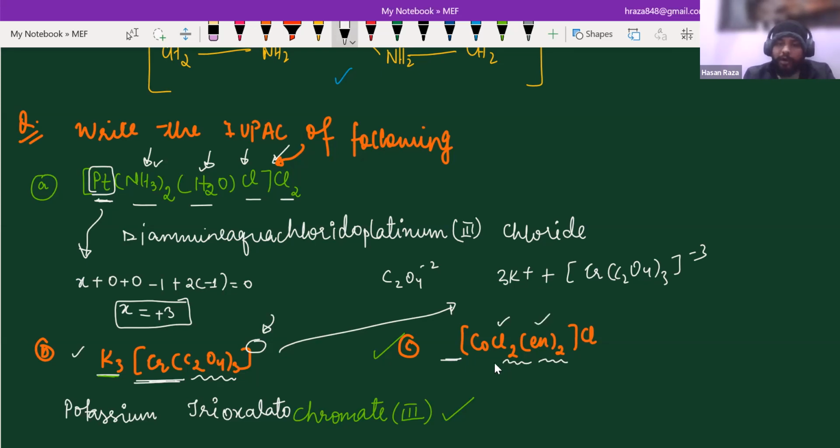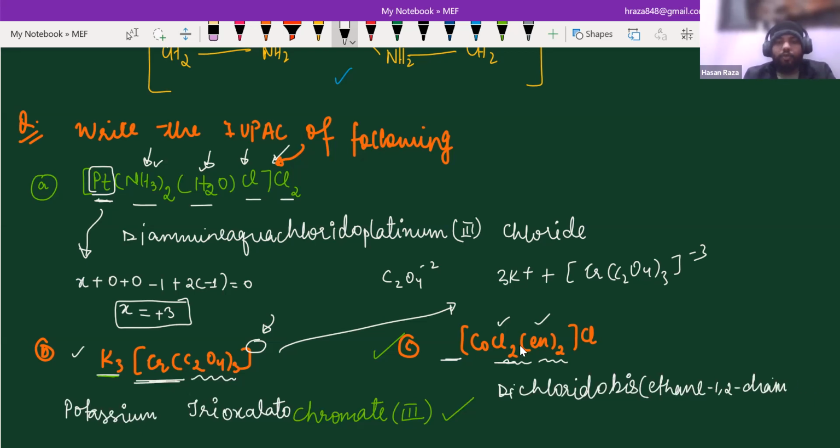So we are going to write the name of this first, dichlorido, because it is a negative ligand. En is a complex ligand, and since it is 2, what we are going to write is bis. What I told you, for a complex ligand, instead of di, tri, tetra, we will use bis, tris, tetrakis. So this is your bis(ethane-1,2-diamine). What is the name of en? Ethane-1,2-diamine.